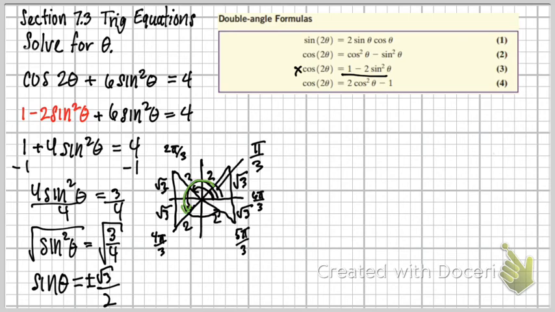So that tells me I can write this as theta equals pi thirds plus pi k. And for the other angle, I can use that 2 pi thirds in the same way for the 5 pi thirds. So I can say the same thing here.